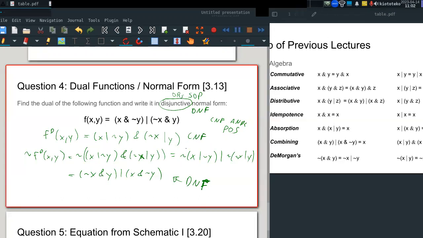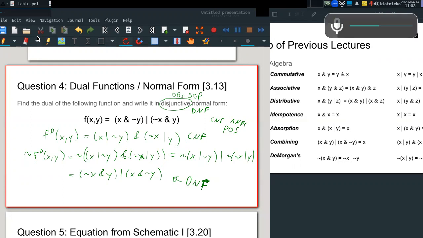You need to complement all the variables. I think I made a mistake in here. Okay, I guess the reasoning is incorrect.